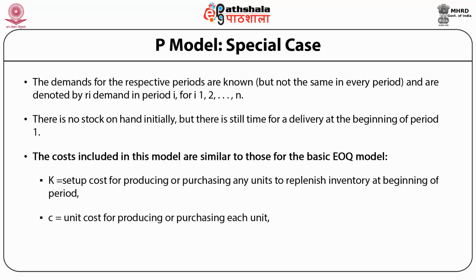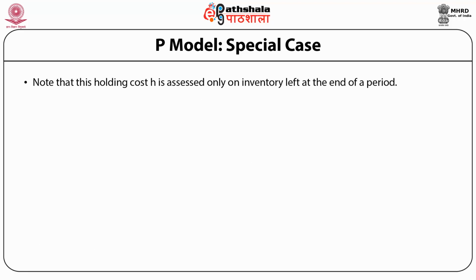C equal to unit cost for producing or purchasing each unit. H equal to holding cost for each unit left in inventory at the end of a period. Note that this holding cost H is assessed only on inventory left at the end of a period.